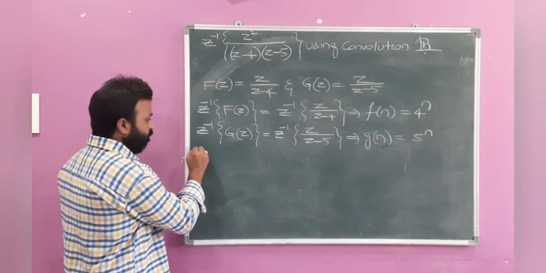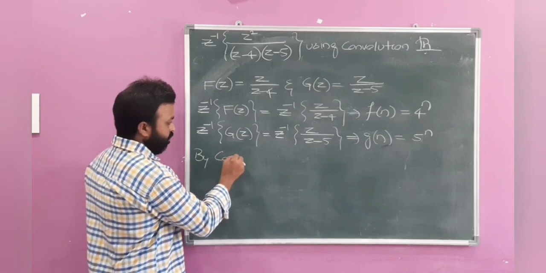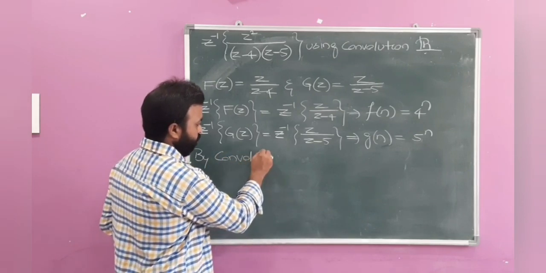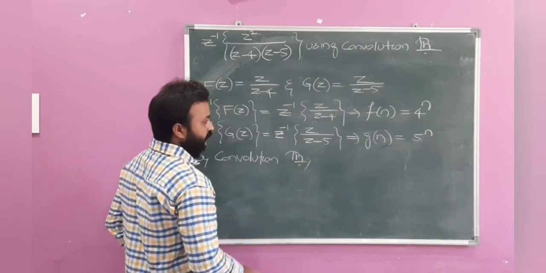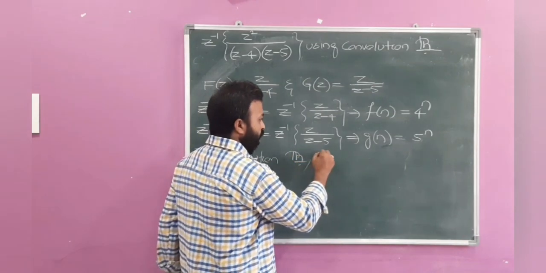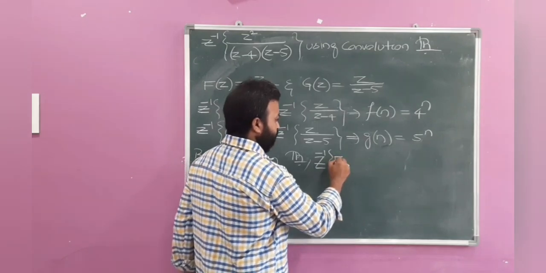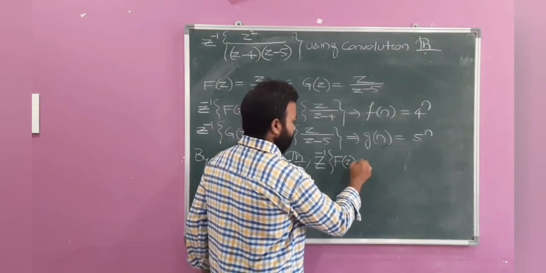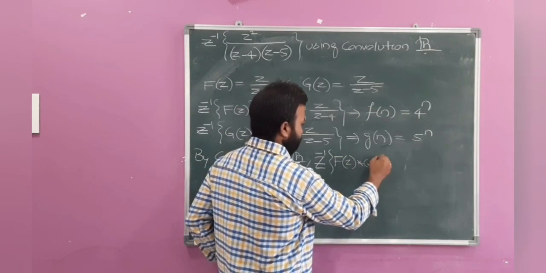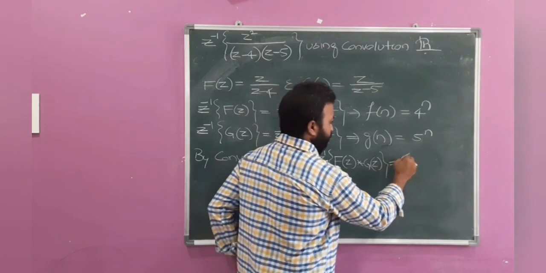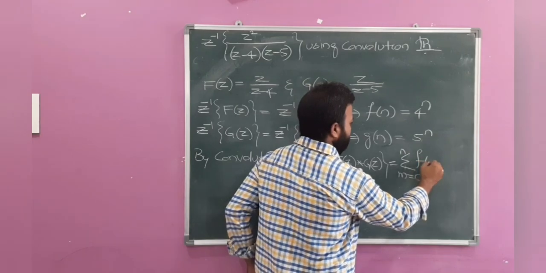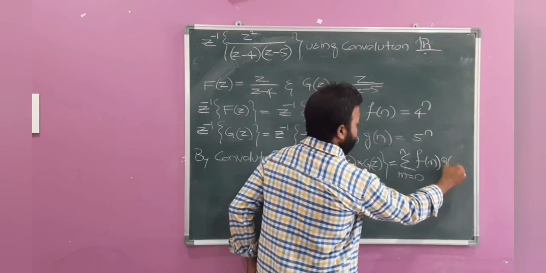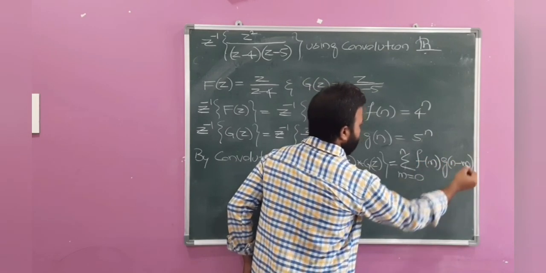Then by using the convolution theorem, we have Z inverse of F of z and G of z equal to sigma m equal to 0 to n f of m into g of n minus m. So this is the statement of the convolution theorem.